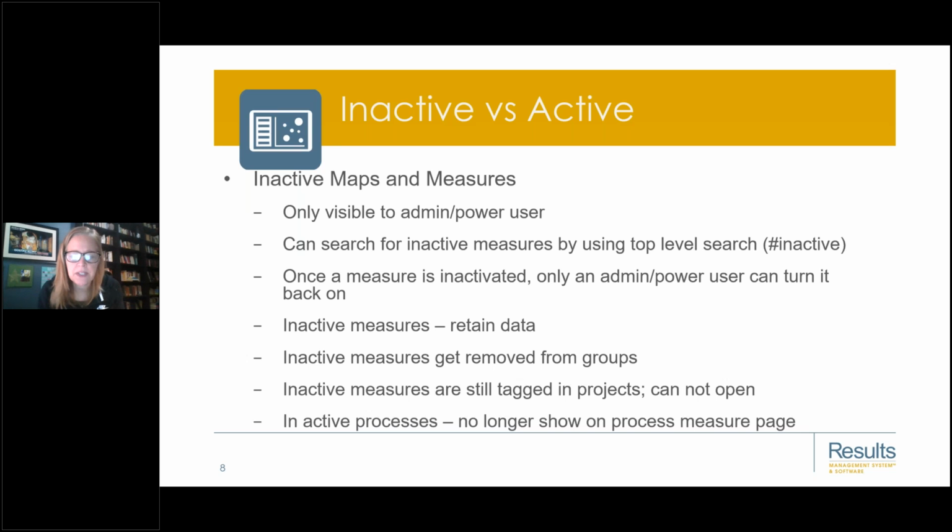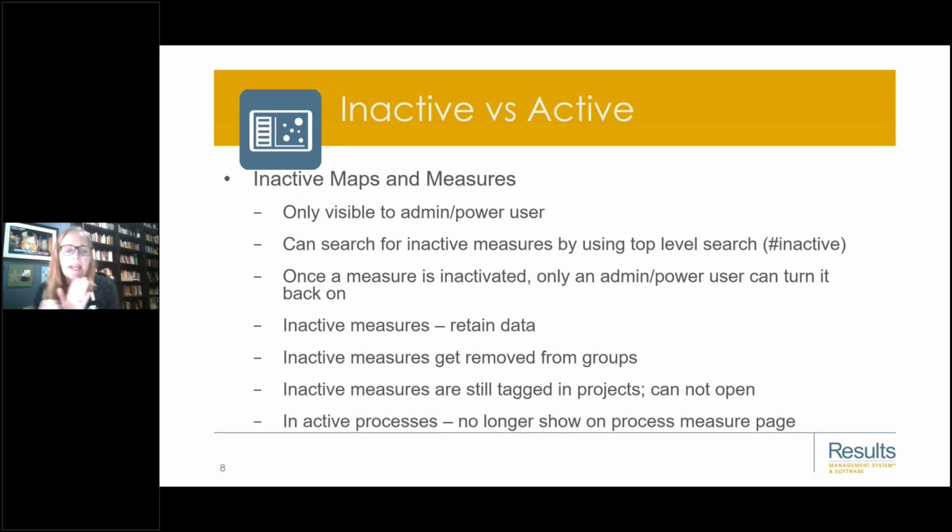And a couple other best practices, just so you know. If you have a measure that's in a custom group, like a group related to timeliness, and you turn it off and make it inactive, it gets removed from that group, and I'm going to show you that. If you have a measure that's tagged to a project, like a strategic initiative, that relationship will stay, but you cannot open the measure, because it's kind of like frozen in time, and I'll show you that as well.